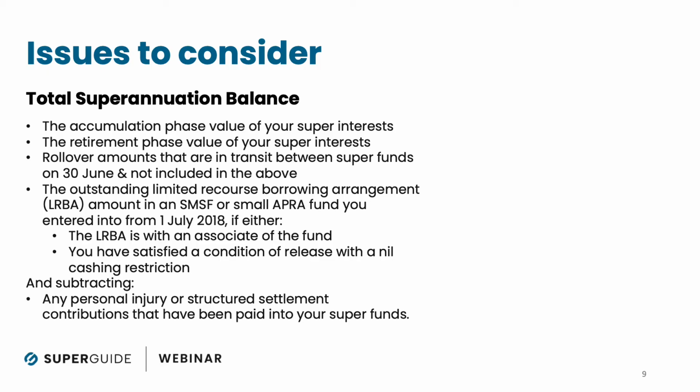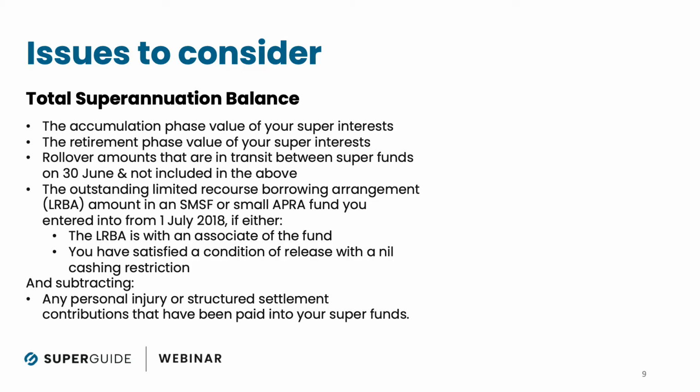Something else that needs to be included in total super balance for self-managed funds, which is quite different, you wouldn't see this in an industry fund or retail fund, is if the SMSF had a limited recourse borrowing, if the SMSF had borrowed money to acquire an asset.